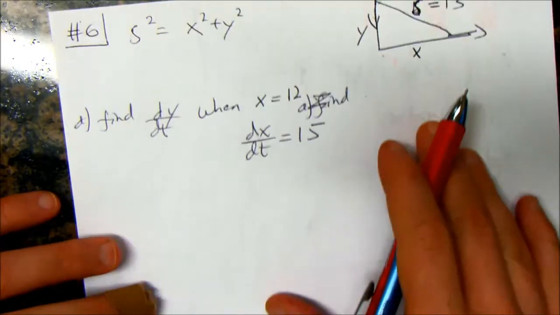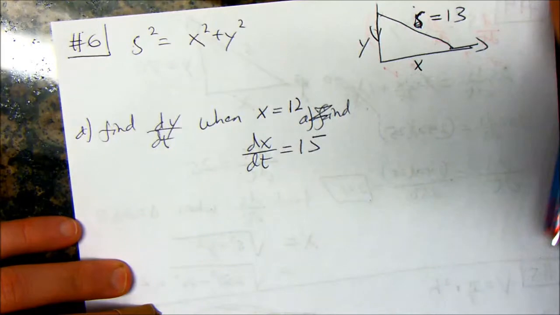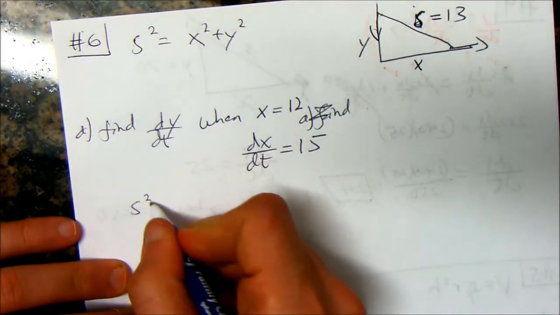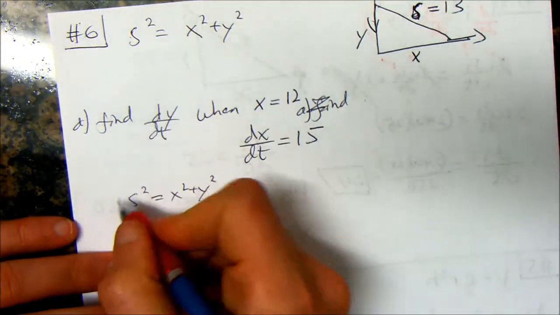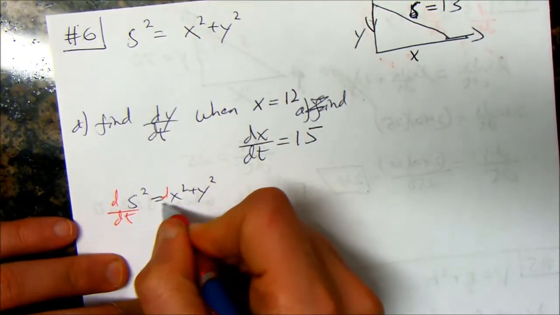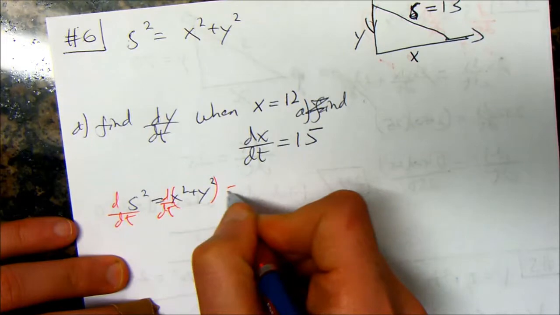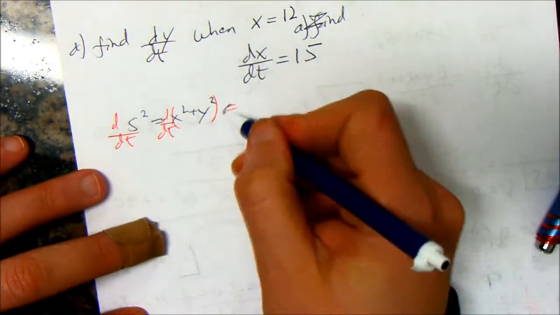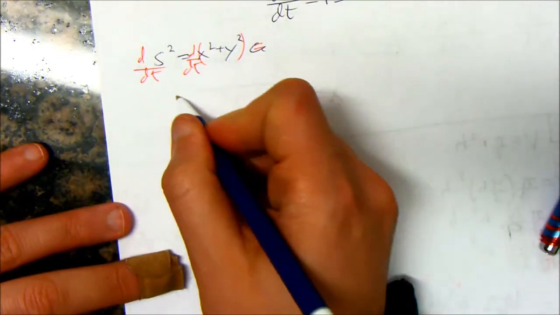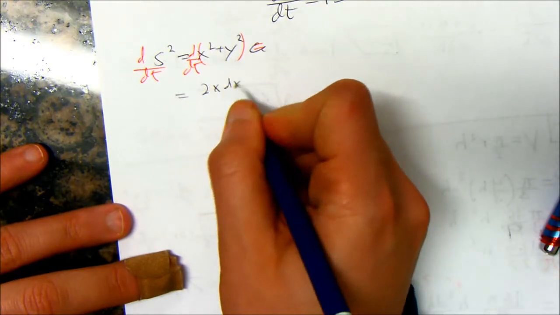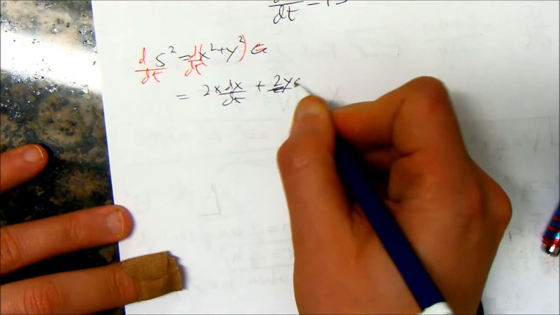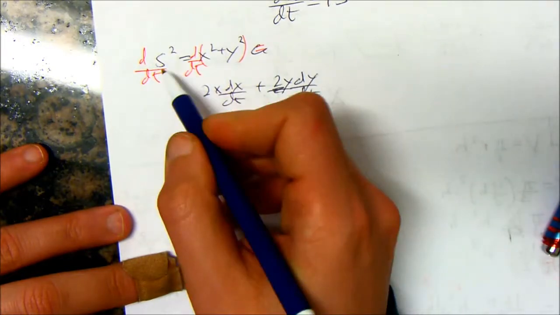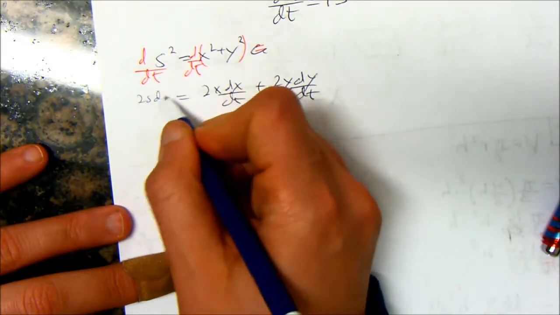Alright, so let me go ahead and take the derivative of this thing. Let me write it again here. S squared is equal to x squared plus y squared. And I get d dt of this is equal to d dt of this. So that gives me 2x dx dt plus 2y dy dt, and then 2s ds dt.